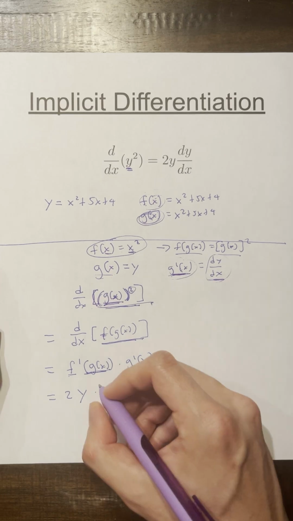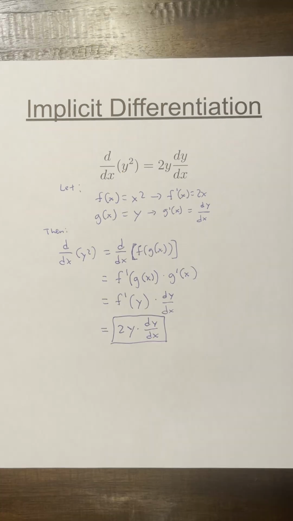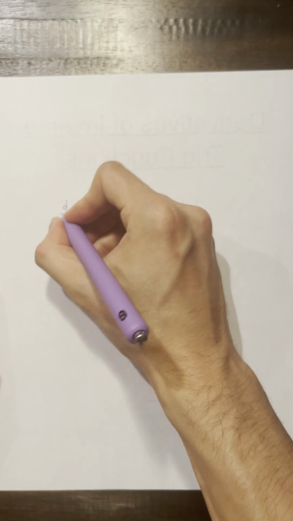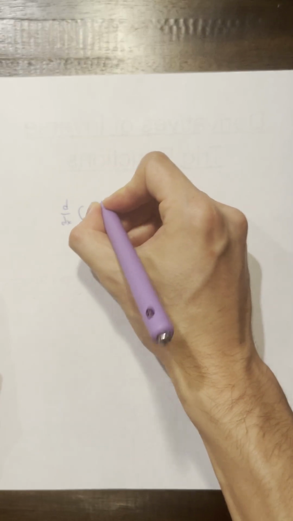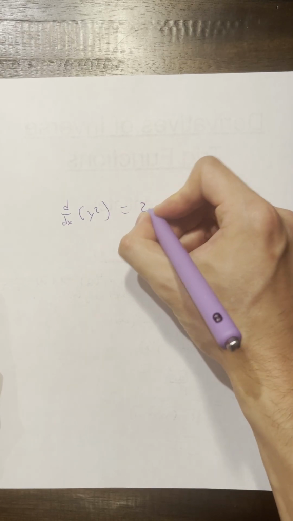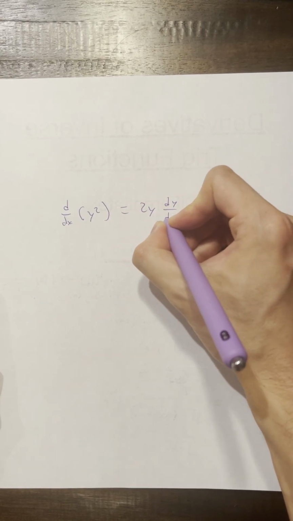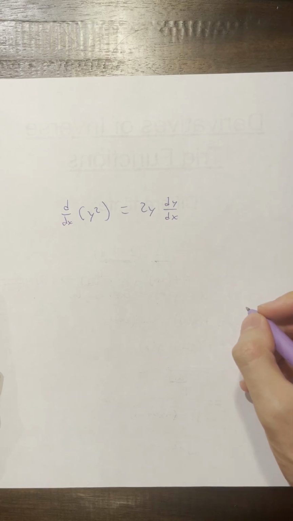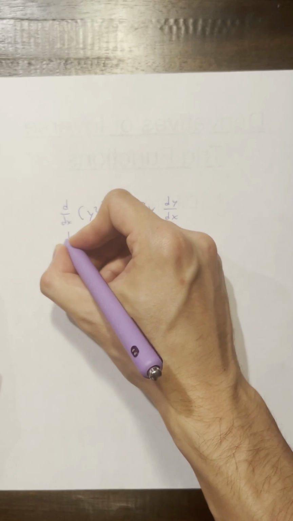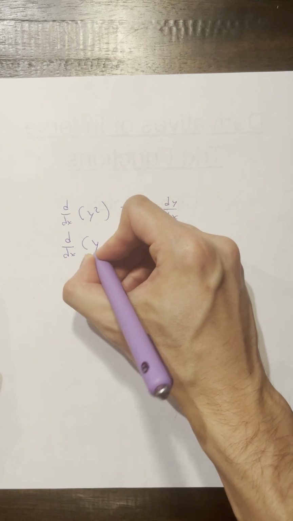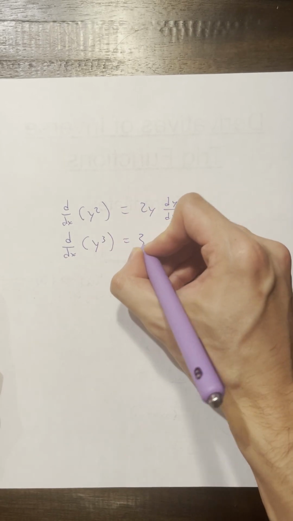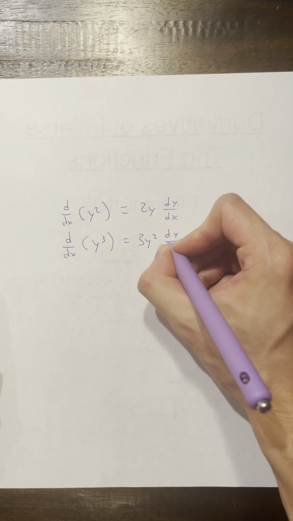So g prime of x is dy/dx. Okay, so I cleaned up all the steps just now. This is what we would turn in as a proof. Okay, so that's why d/dx of y squared is equal to 2y dy/dx. Now as practice, can you show why d/dx of y cubed would be equal to 3y squared dy/dx?